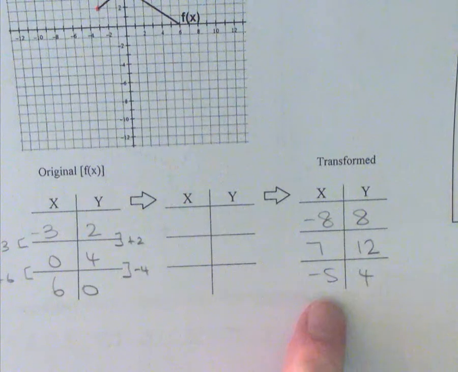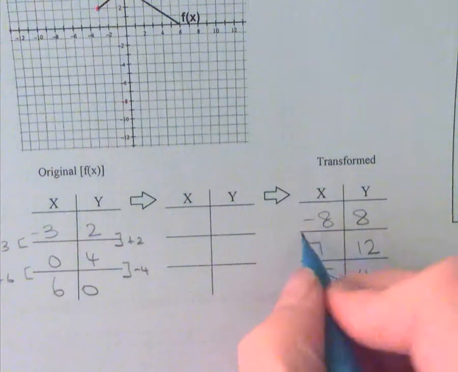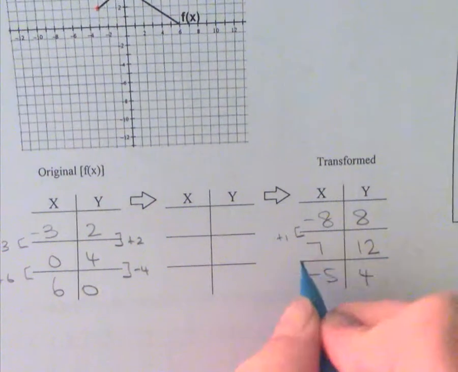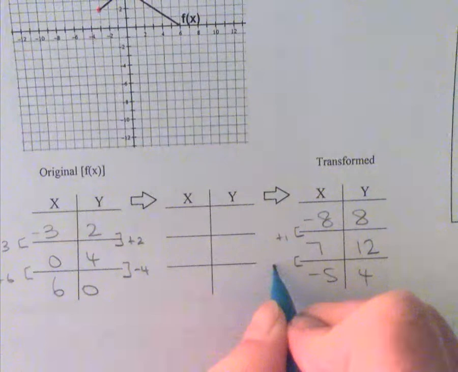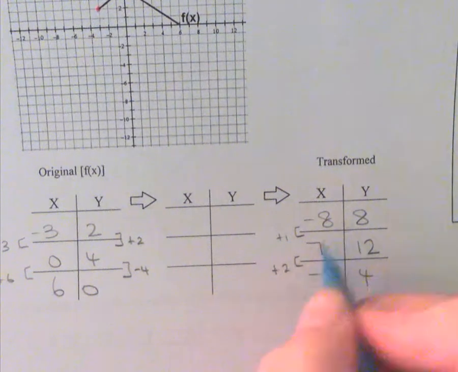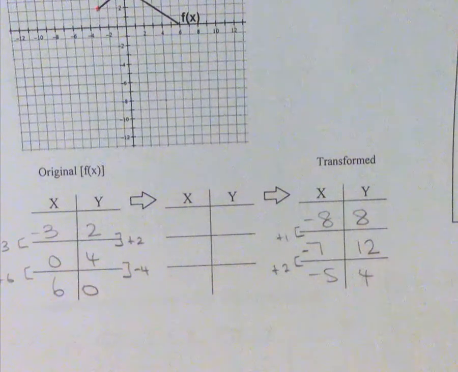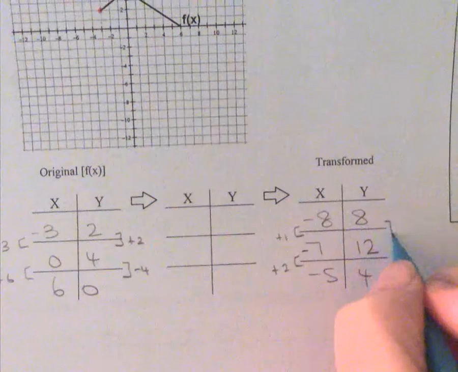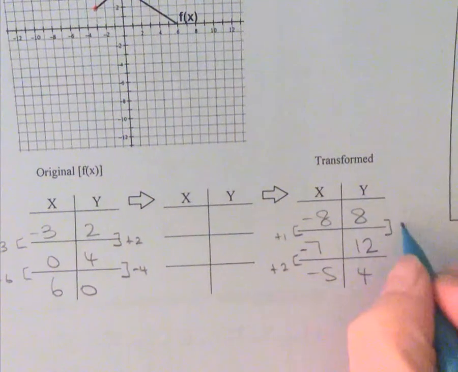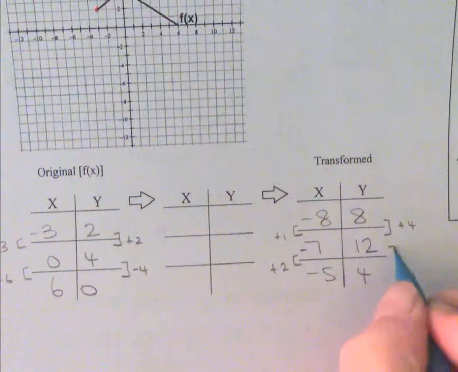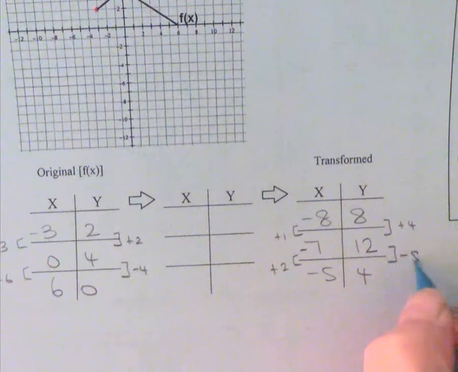I'm going to do the same thing with this table. I added 1, I added 2. Sorry, this should be minus 7. From 8 to 12, I'm going to add 4. From 12 to 4, I'm going to subtract 8.